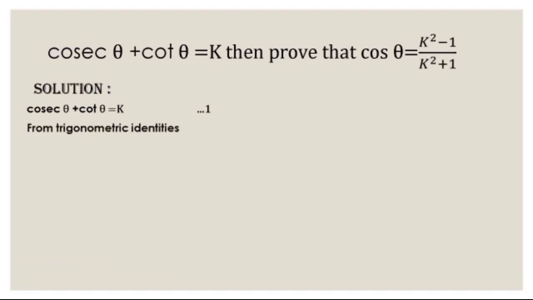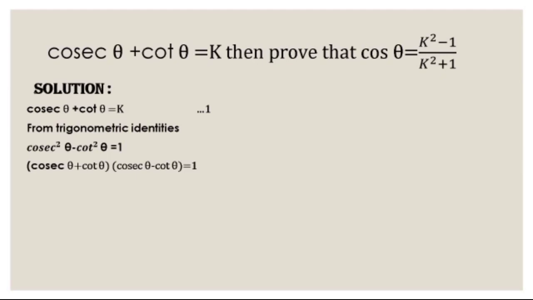From trigonometric identities, cosecant square theta minus cot square theta is equal to 1. Cosecant square theta minus cot square theta is like a square minus b square. So cosecant theta plus cot theta into cosecant theta minus cot theta is equal to 1.